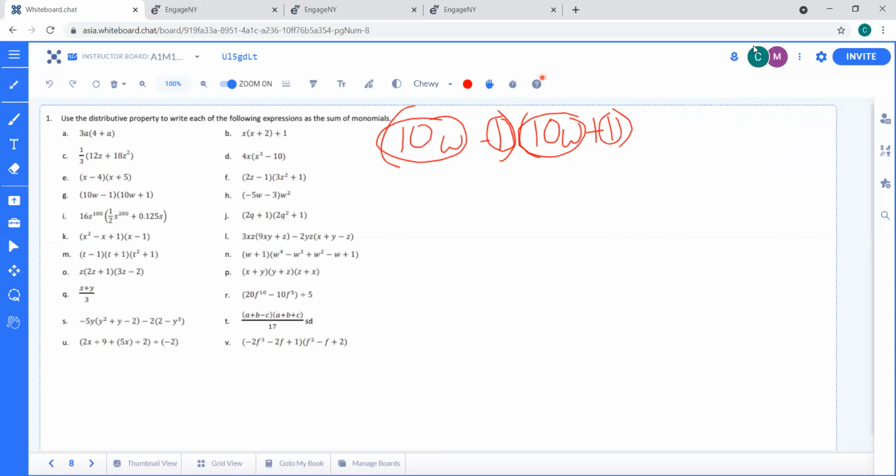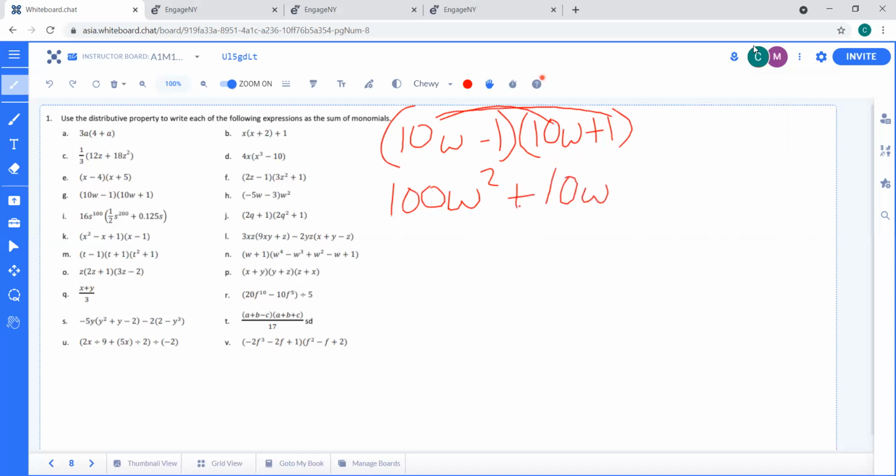Let me erase some of this so we can actually see what we're doing. That middle term is going to cancel now. What's 10W times 10W? What's 10 times 10? 100W squared, because W times W is W squared. Now, if we do the outer, that's just going to be plus 10W.